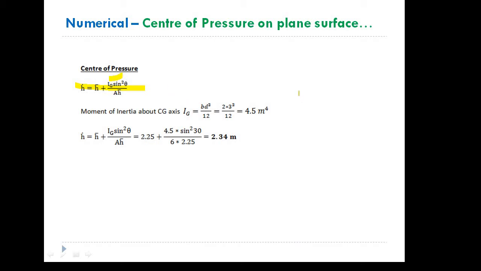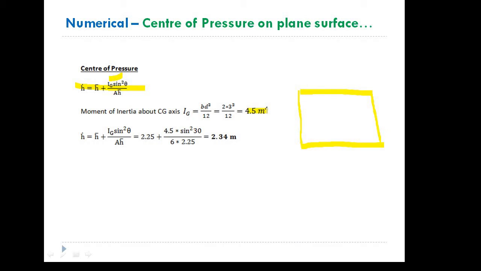It is a rectangular plate, so Ig, moment of inertia through the central axis, is B D cube by 12. You have two dimensions, B and D. So 2 into 3 cube by 12 will give you 4.5 meter raised to 4 as Ig.